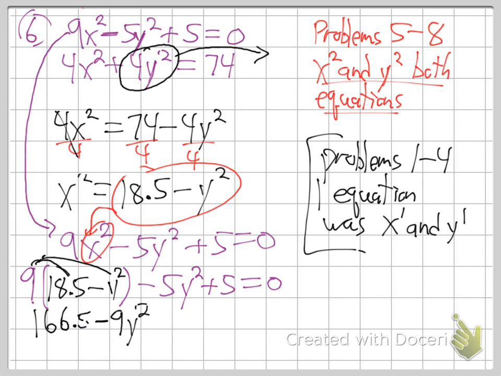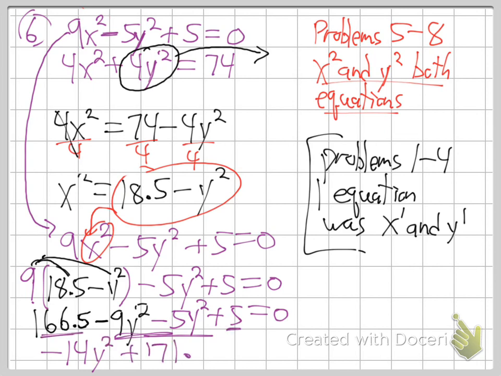And then the other stuff, the minus 5y squared plus 5 is 0. And then we combine like terms. So this will be minus 9y squared and minus 5y squared is minus 14y squared. And then the 166.5 plus 5 is plus 171.5. We good to there?